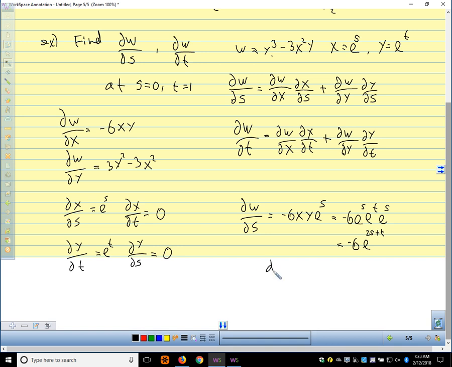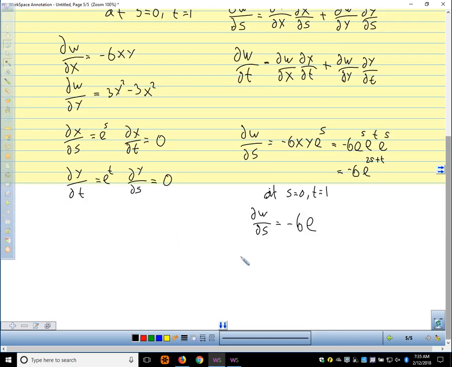And then at s equals 0, t equals 1, partial of w with respect to s, substitute those in, and we get minus 6e. So if we weren't evaluating this at a particular point, this would be how we'd want to express our answer. Minus 6 e to the 2s plus t. No intermediate variables in our answer.